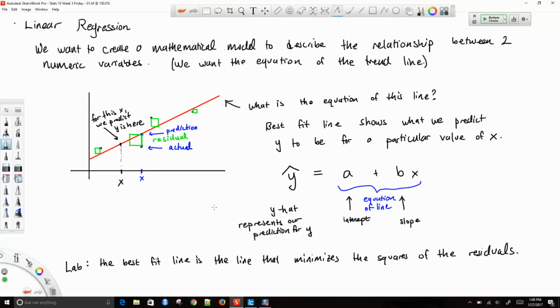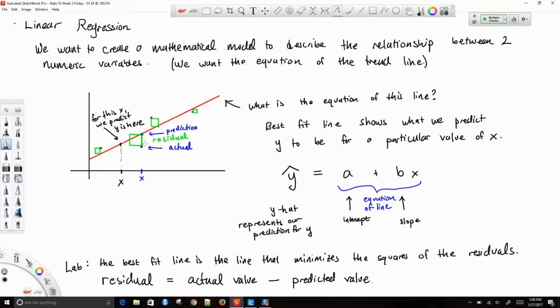You'll see that you can adjust all of these things, and the squares change sizes as you fit different lines, and the line that minimizes the squares is the best fit line. So maybe we'll say the residual is equal to the actual value minus the predicted value.